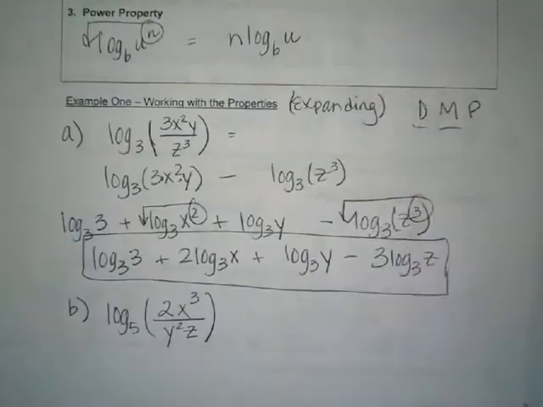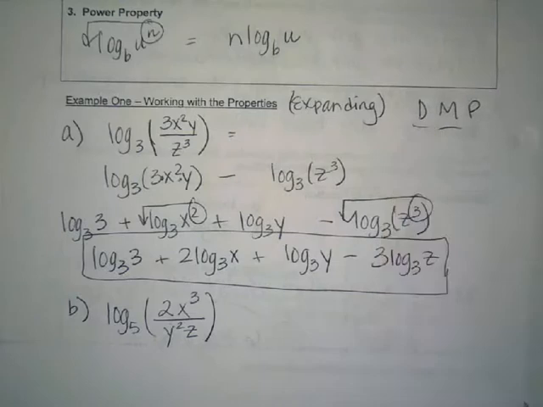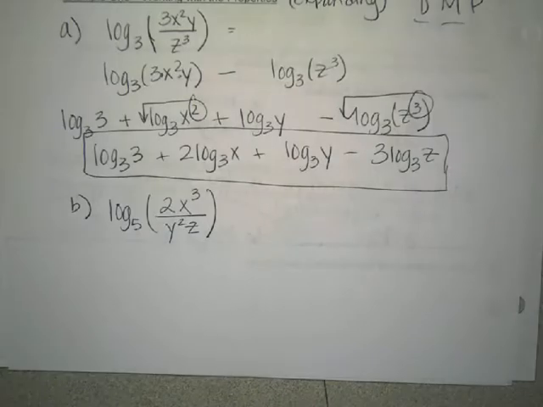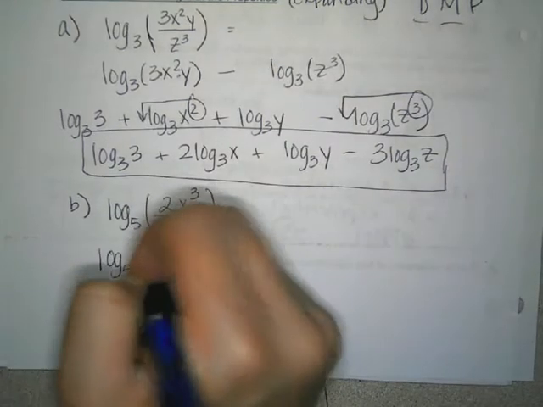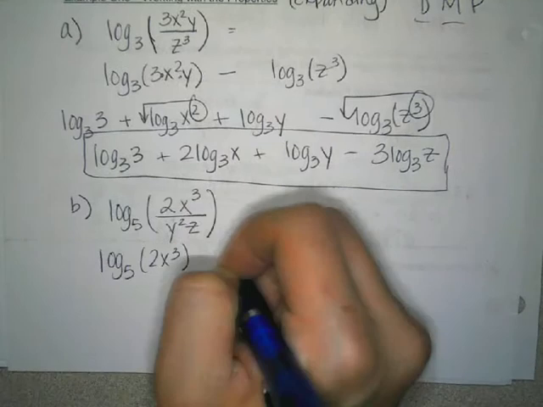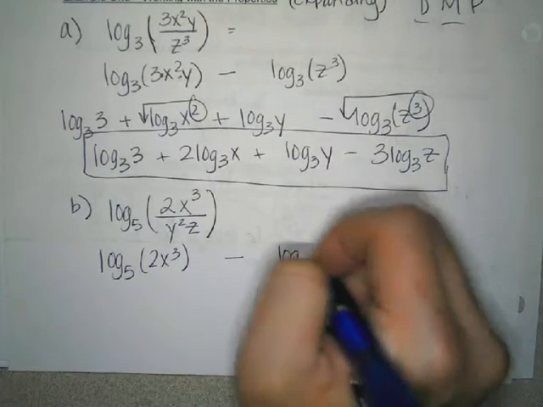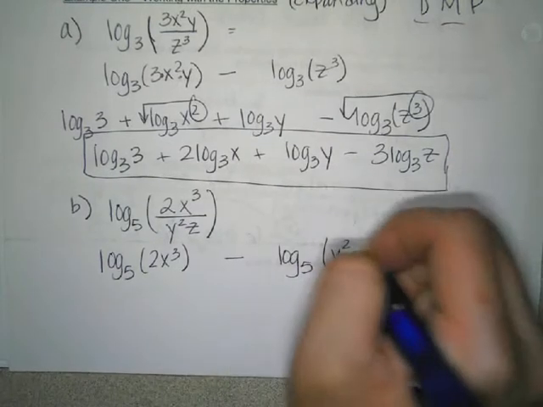So first step would be to look for division. When you break up division, which I am dividing here in this argument, I have to include what in between? Subtraction. So your first step should be writing down log base 5 of 2x cubed minus log base 5 of y squared z.